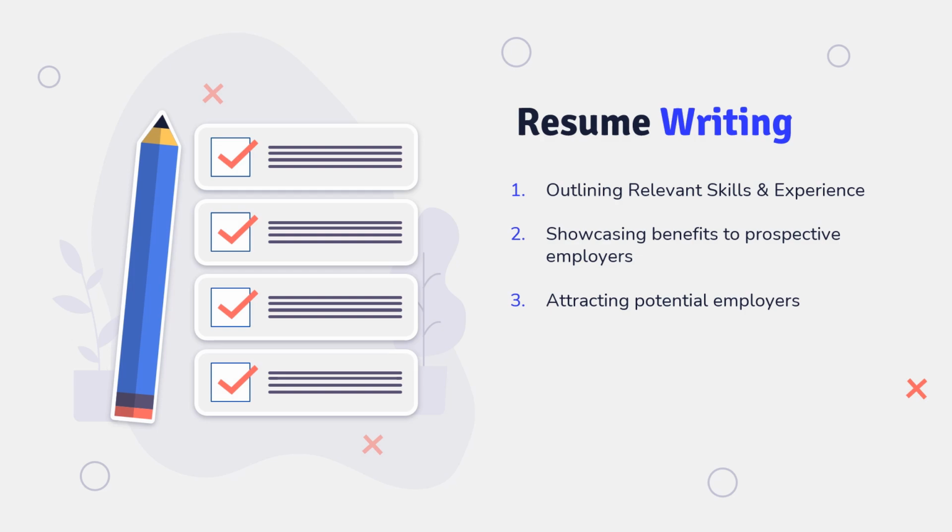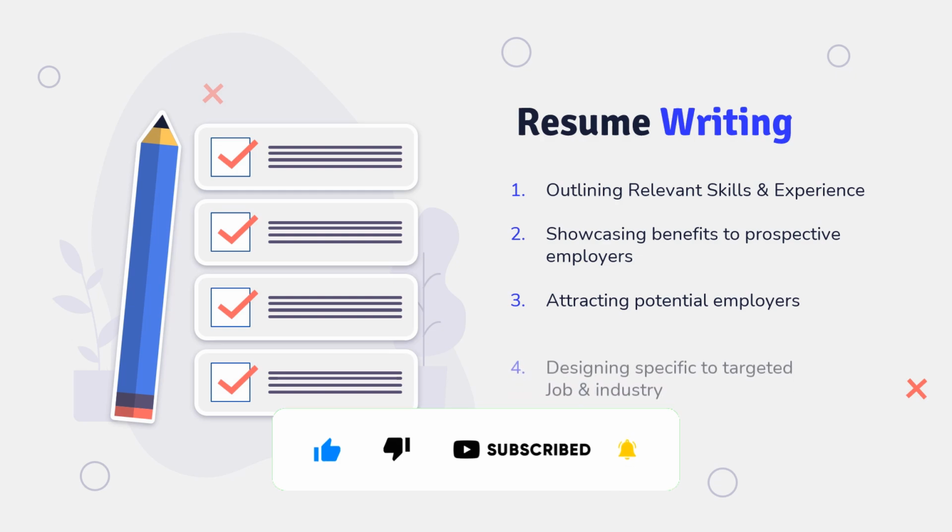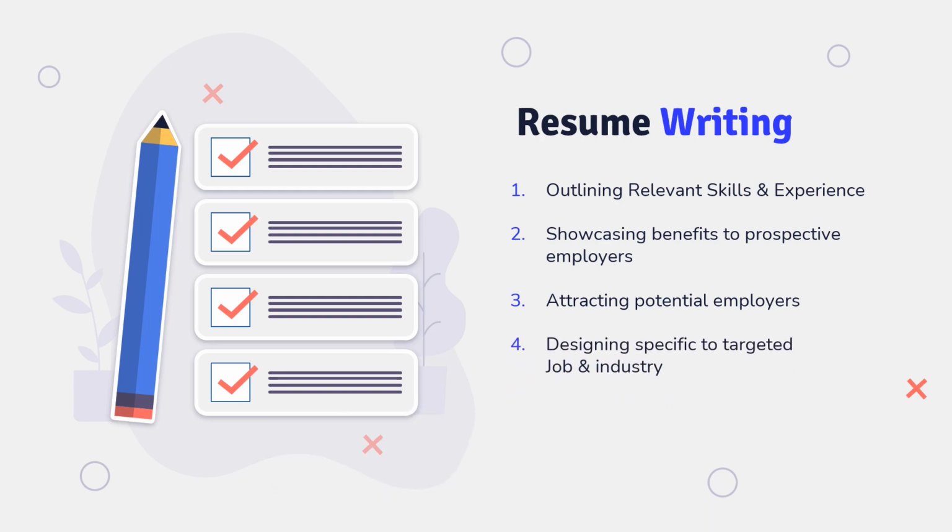Next, your CV should attract potential employers, because a dull or generic CV would not essentially give you that interview call. Next, we have to tailor and customize our CV so that it is targeted to a particular job and a particular industry, so that it becomes effective for the interviewer or HR to shortlist your CV.